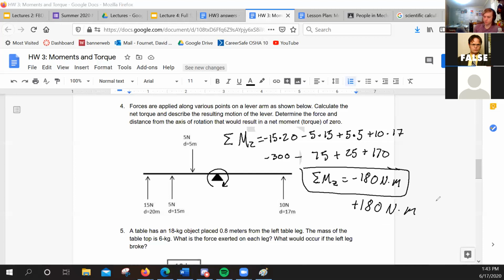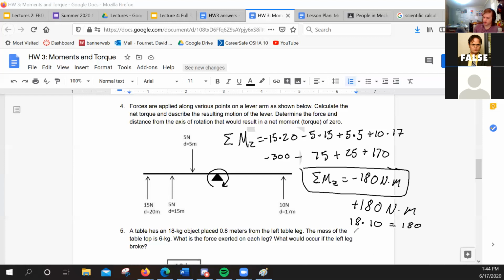So we know it's rotating clockwise, so we need it to be positive, right? So the force either has to be pushing up over here or pushing down over here, right? To try to counteract this. So one way we could do it is we could say, okay, well, 18 times 10 equals 180, right?